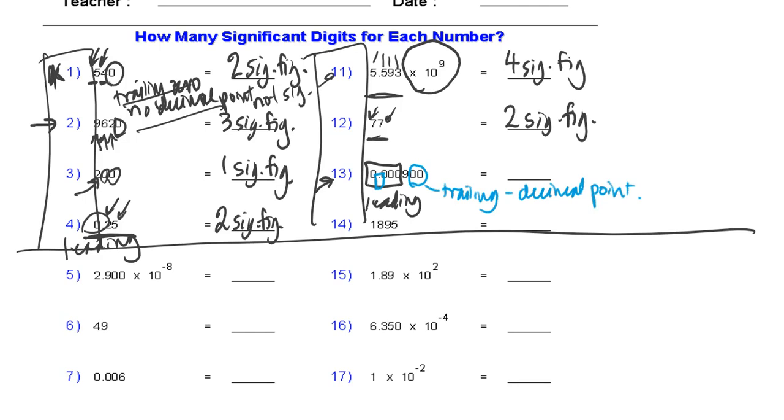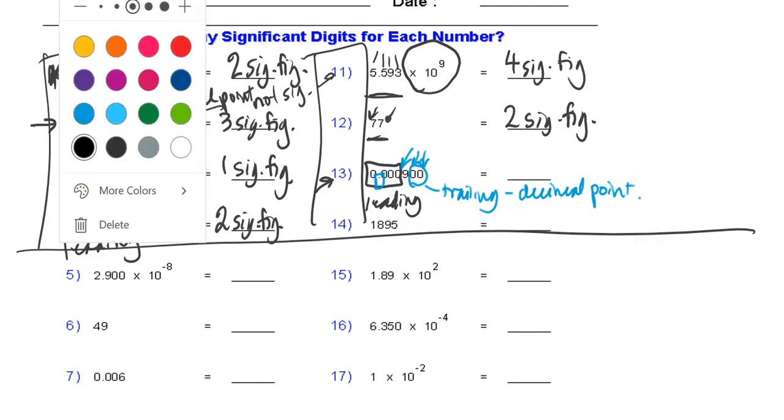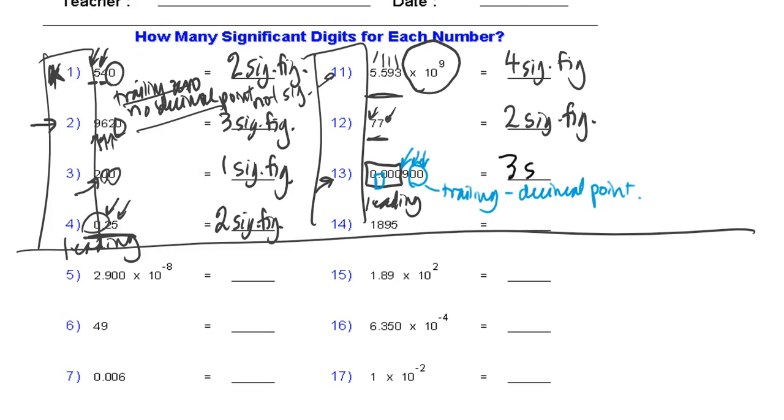And so because of that, those zeros after the 9 are significant. So this 9 and these 2 zeros are significant, but none of the other zeros are. So that would mean I have 3 significant figures in problem number 13. And then lastly, for number 14, I have 1, 2, 3, 4 digits that are all non-zero, so these are 4 significant figures in the measurement in number 14.